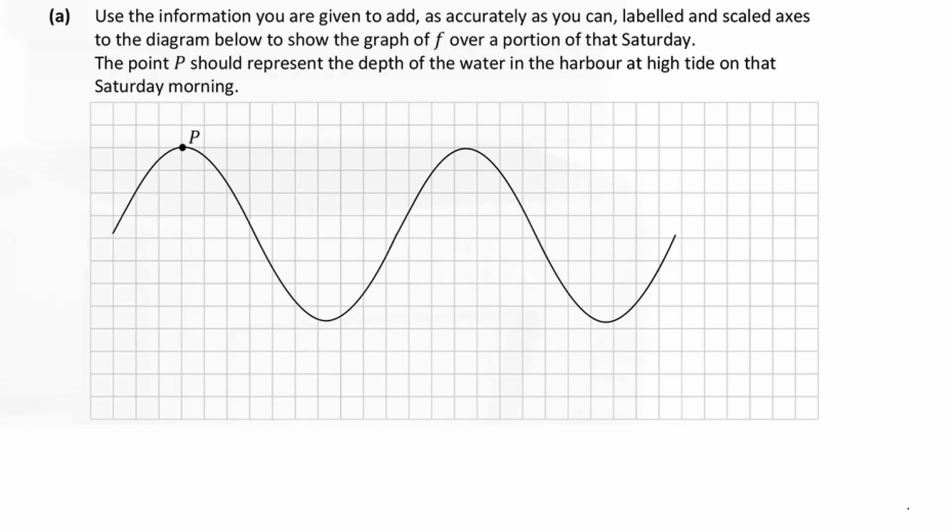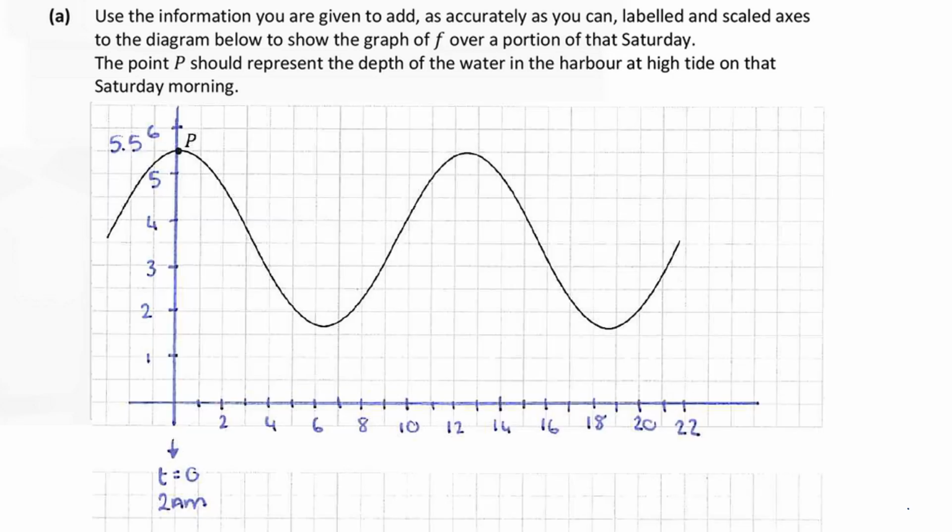It says use the information you are given to add, as accurately as you can, labeled and scaled axes to the diagram below to show the graph of F over a portion of that Saturday. The point P should represent the depth of the water in the harbour at high tide on the Saturday morning. So putting in my graph, we get something like this.